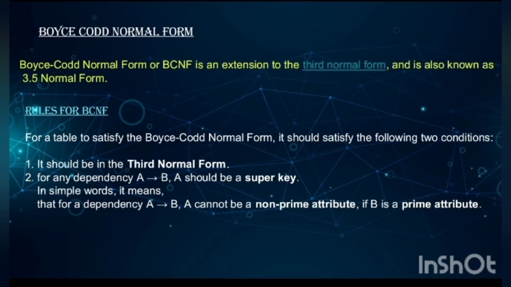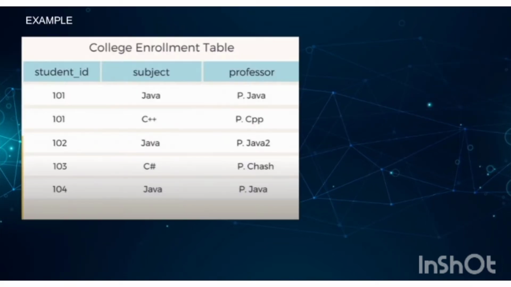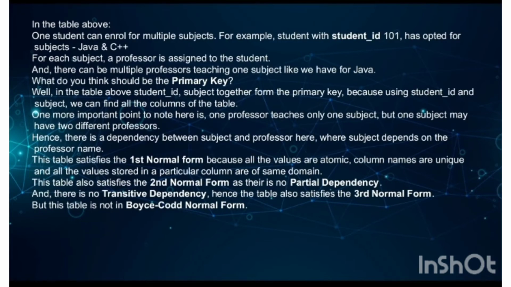In simple words, it means that for a dependency A derives B, A cannot be a non-prime attribute if B is a prime attribute. Here we have an example with a college enrollment table, with details such as student ID, subject and professor. In the table above, one student can enroll for multiple subjects.